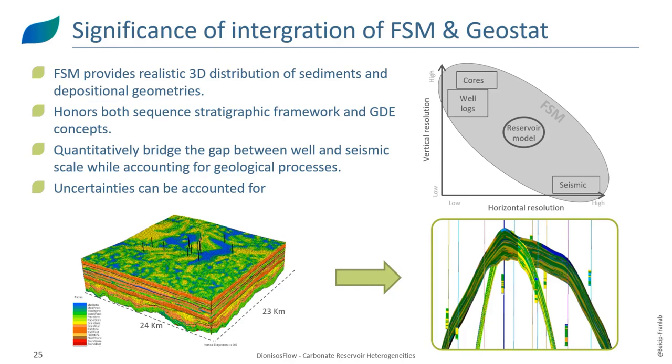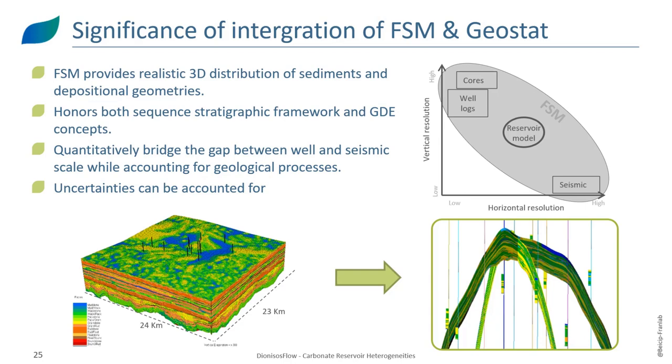Another significance is in the ability of this methodology to bridge the gap between different scales and resolutions in different data. For example, seismic data has a very high horizontal, lateral resolution, while vertically it has very low vertical resolution, but cores and well data are the other way around.